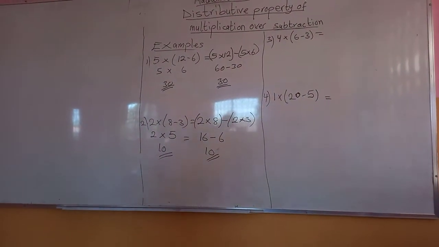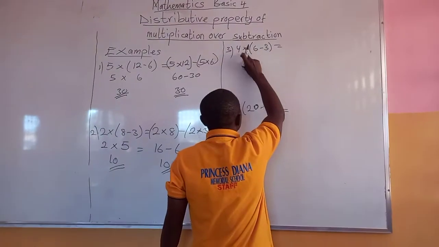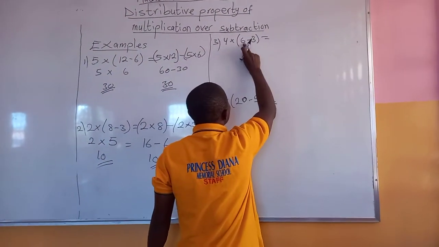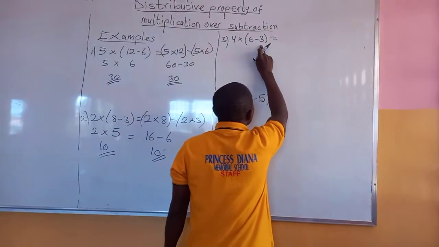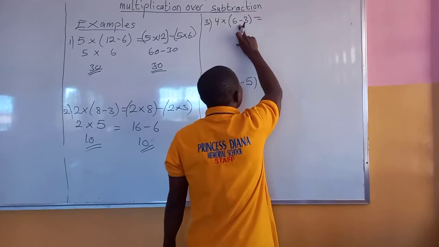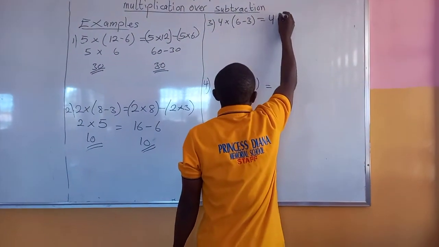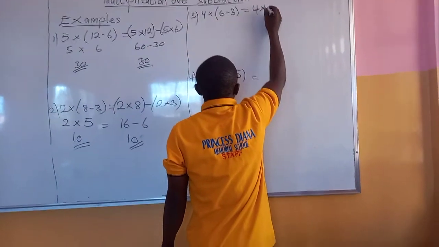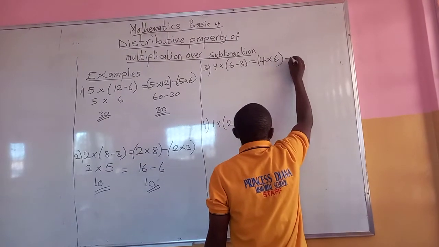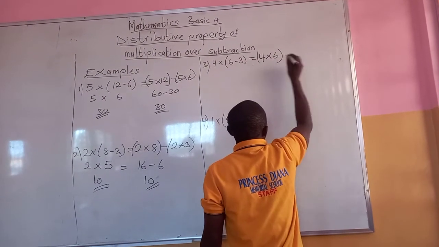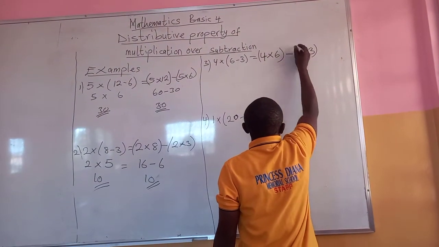Okay, good. Let's look at the next example. We are distributing the 4 to 6 and 3, and the operation here is subtraction. So we have 4 times 6. We are distributing the 4 to them. The minus is the operation. Then 4 times 3.